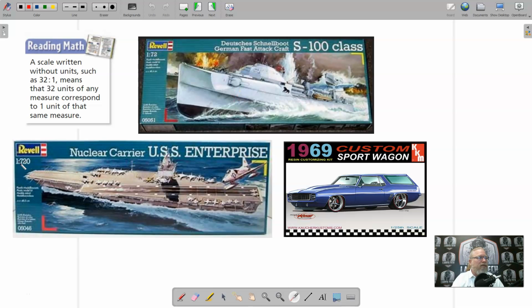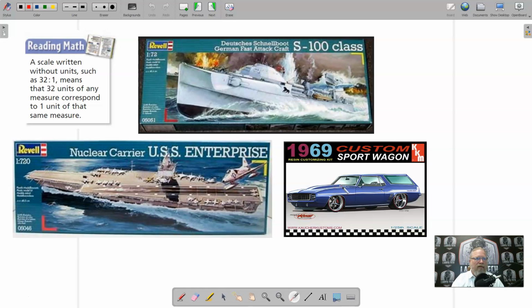So it doesn't surprise me that the scale is 1 to 720 compared to the German fast attack craft that's only 1 to 72. So you build a model, and for every inch of the model, in real life, there's 720 inches of the actual aircraft carrier.